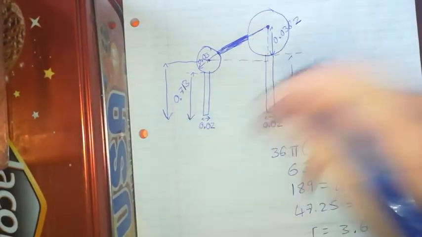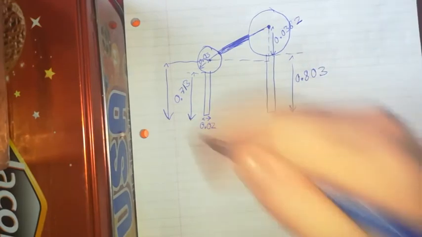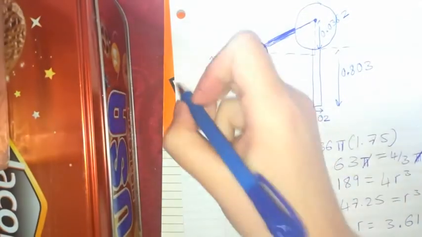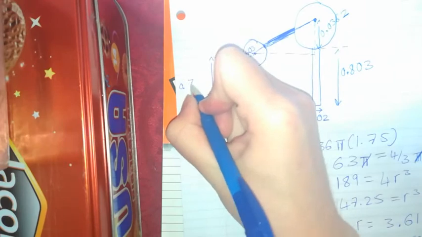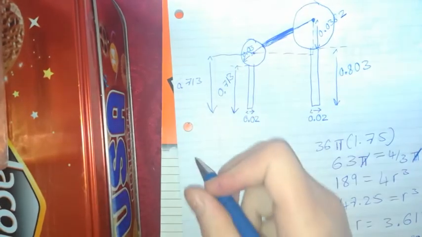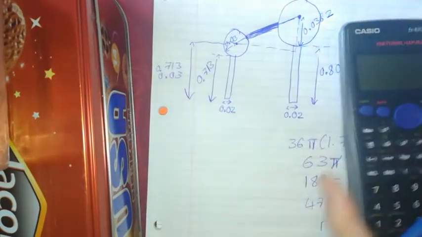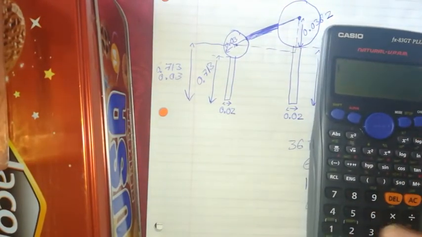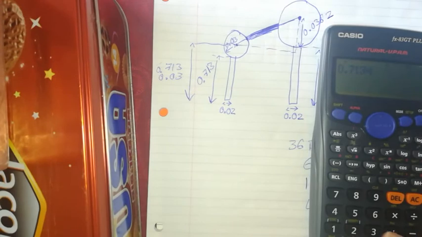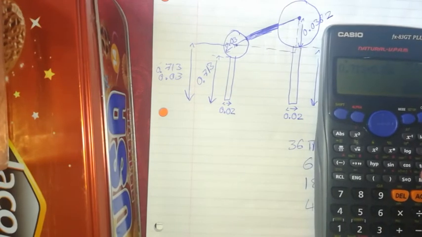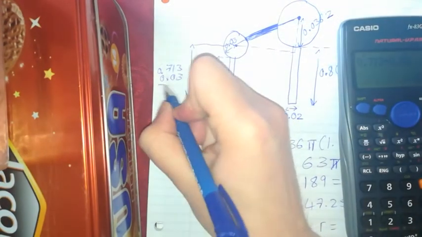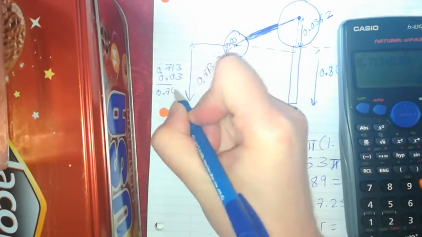So the radius plus the height of this one: the height is 0.713, plus the radius, which is 0.03. 0.713 plus 0.03 gives us 0.743.